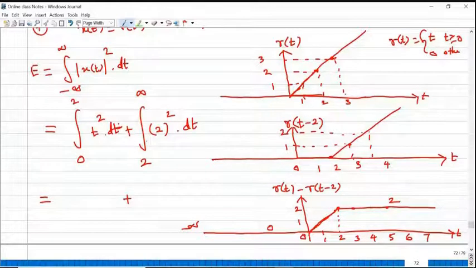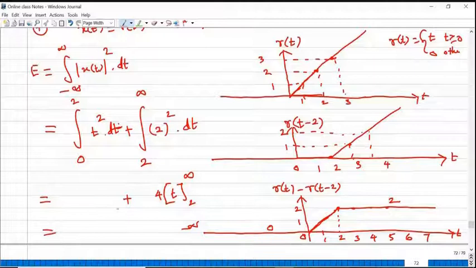But in the second term, 4 integration 2 to infinity. Say for example, 4 integration with respect to dt, you'll get 4t from 2 to infinity. So if you substitute the infinite value for t, this entire term will be infinite. Infinite plus anything, your value is infinite.